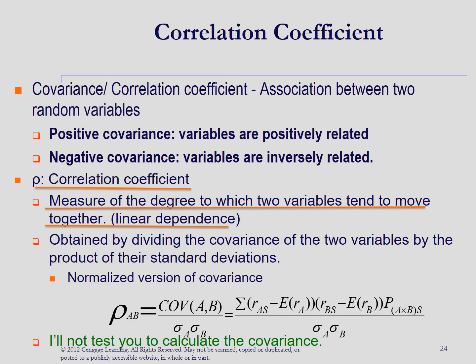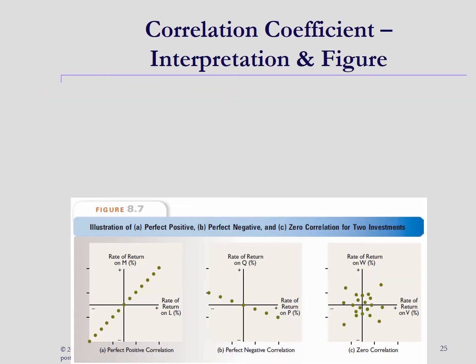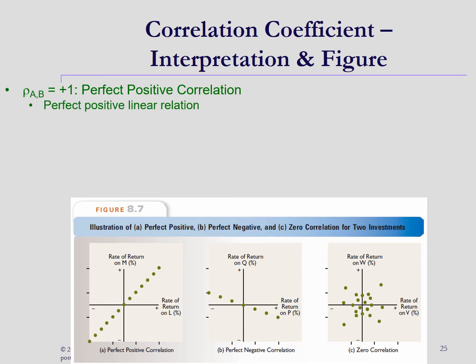Correlation coefficient is an index of the linear relation between two random variables. The correlation coefficient is always between +1 and -1. A correlation coefficient of +1 implies a perfect direct linear relationship between two variables.